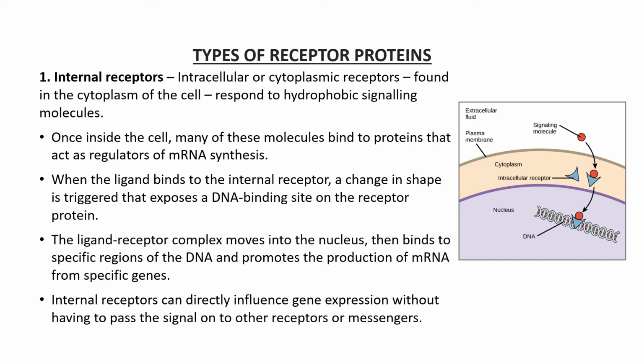Now the receptor ligand complex moves into the nucleus and binds to a specific region of the DNA to promote the production of mRNA from those genes, thereby indicating that the internal receptors can directly influence gene expression without having to pass any signal onto other receptors or membranes or messengers.